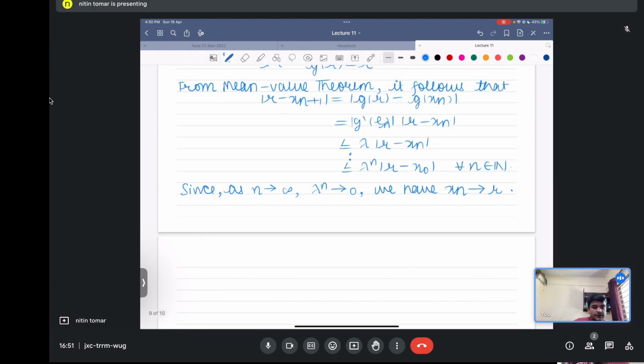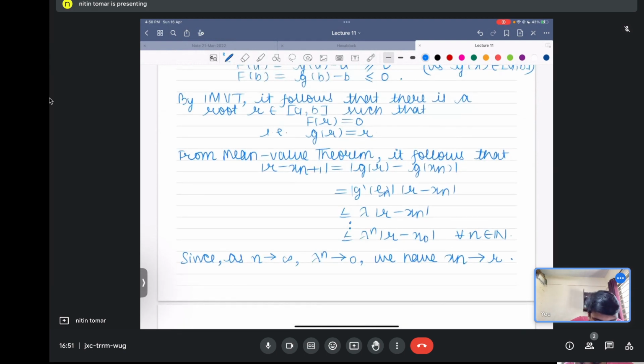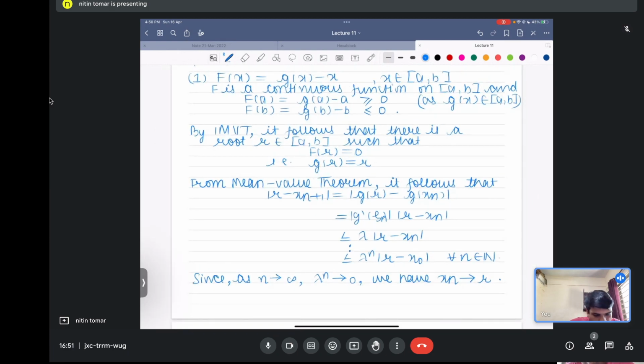Okay, so you just verify this for a moment. So this gets settled that the convergence is to R.